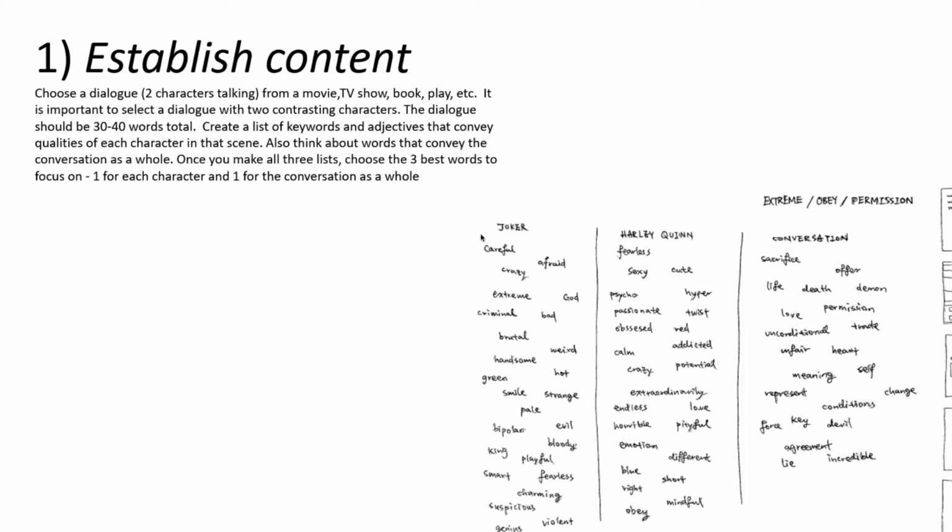So this person wrote down Joker and Harley Quinn as the 2 characters, made a big list of words associated with Joker, a big list of words associated with Harley Quinn, and the conversation as a whole. And at this point of the process, they're thinking about extreme, obey, and permission. Once you have those 3 words, you're going to stick with those, and that's going to help you design the expressive part of this poster.